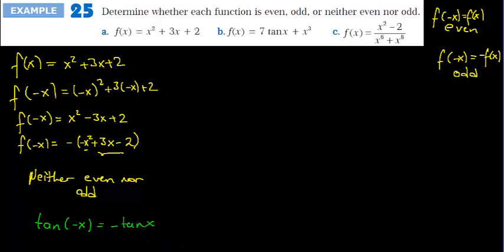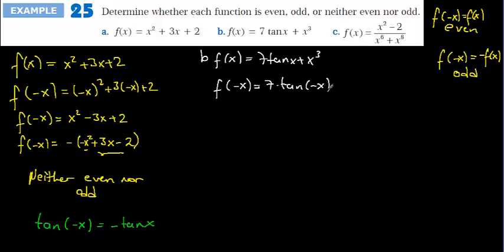Okay, then for the second one, fx is equal to 7 times tangent x plus x cube. Okay, f minus x test I'm starting. 7 times tangent minus x plus minus x cube.